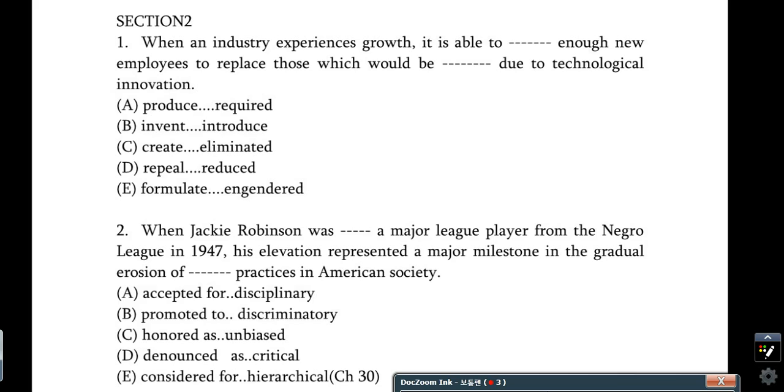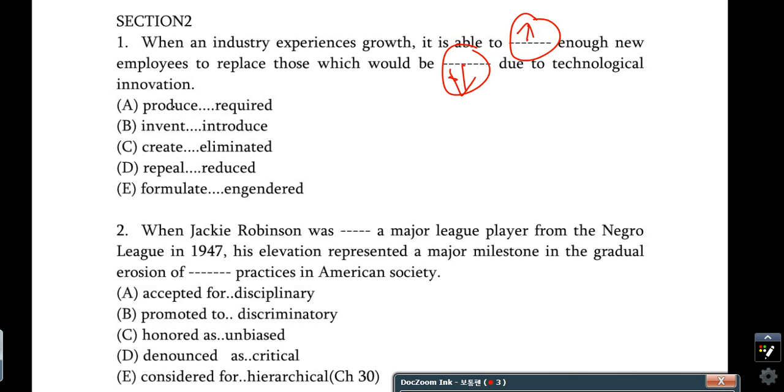Right, next page. Section 2, number 1. When an industry experiences growth, it is able to blank enough new employees to replace those that would be blanked due to technological innovation. So the relationship here is when it grows, it can create enough new employees to replace those that would be decreased. So it can increase enough to replace those that would be decreased.